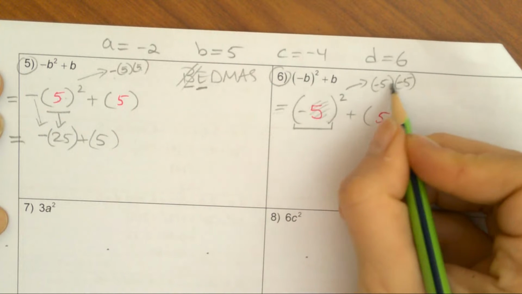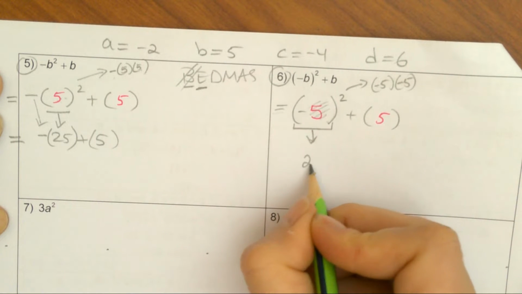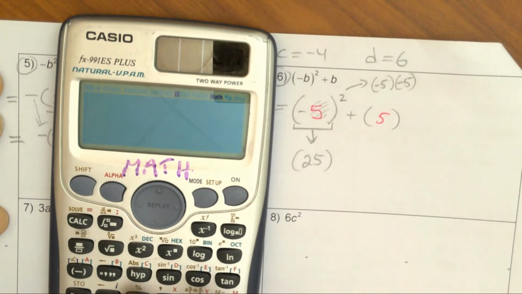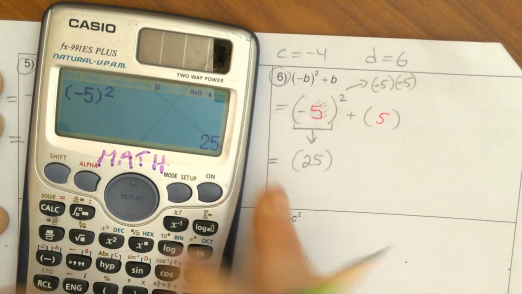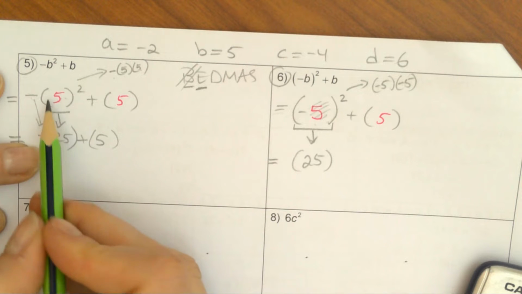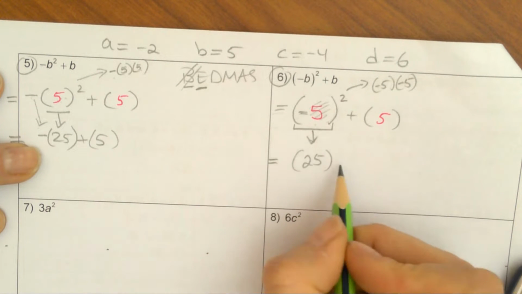So negative times a negative is a positive, so this is going to be +25. Okay, let's put it in the calculator and see. Use the brackets, because I see brackets. So it's 25. This one was -25 because the negative's in the front, outside of the bracket. This one, it's negative times a negative, so it's going to be positive.